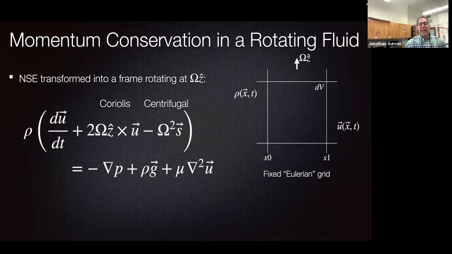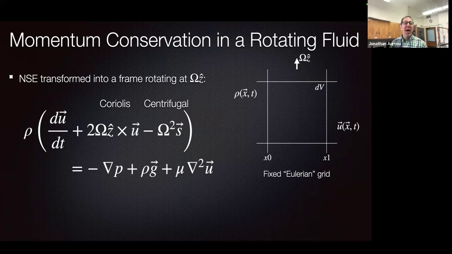Now, we live on a rotating planet, so we'll often transform into a rotating frame to get all the physics right. And so when we transform the Navier-Stokes equation into a rotating frame, pressure actually doesn't change its form, gravity doesn't change its form, viscosity doesn't change its form, but the acceleration term changes.